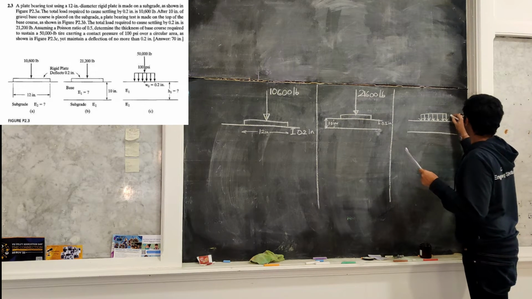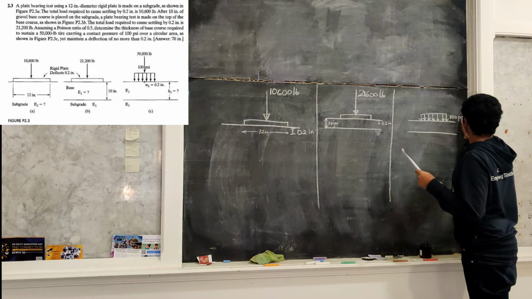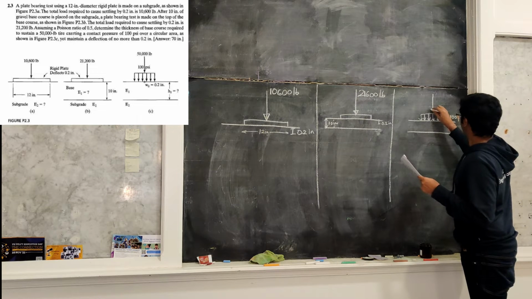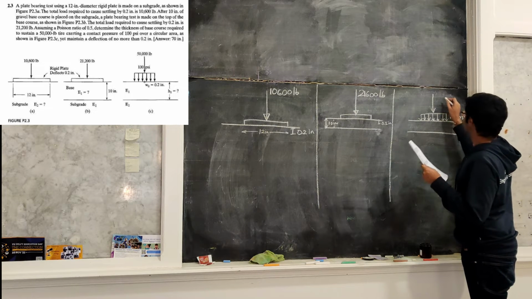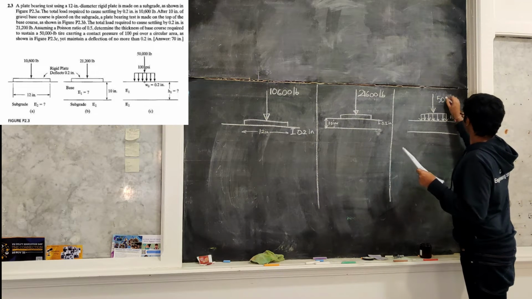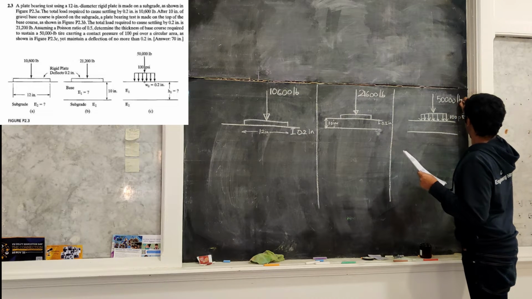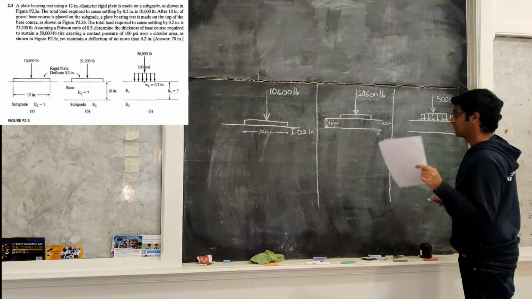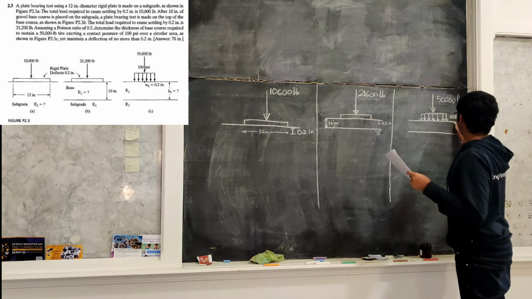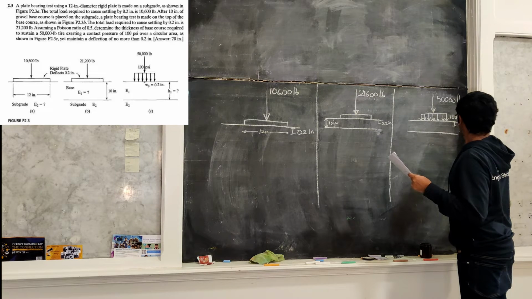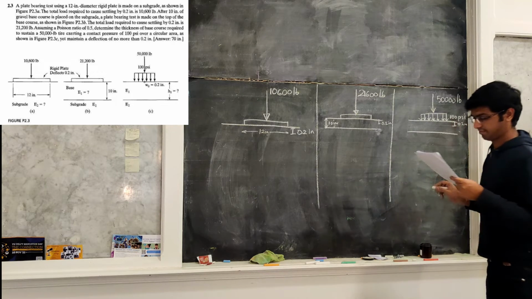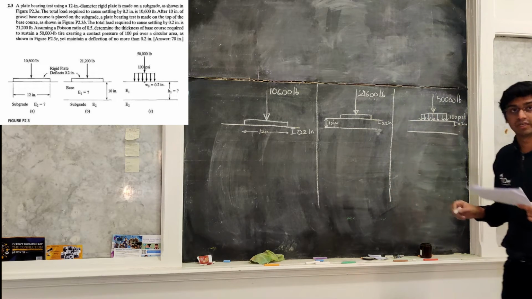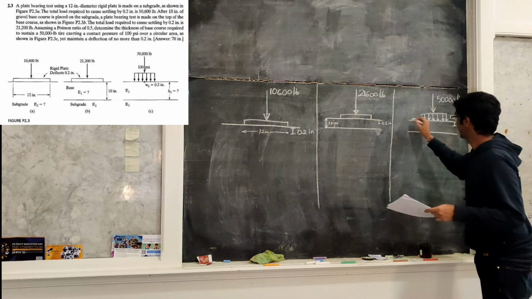Tire pressure is 100 psi. Load is 50,000 pounds. And the deflection, we have to maintain the same level of deflection, which is 0.2 inch. What is the question? We have to determine the thickness of the base layer.